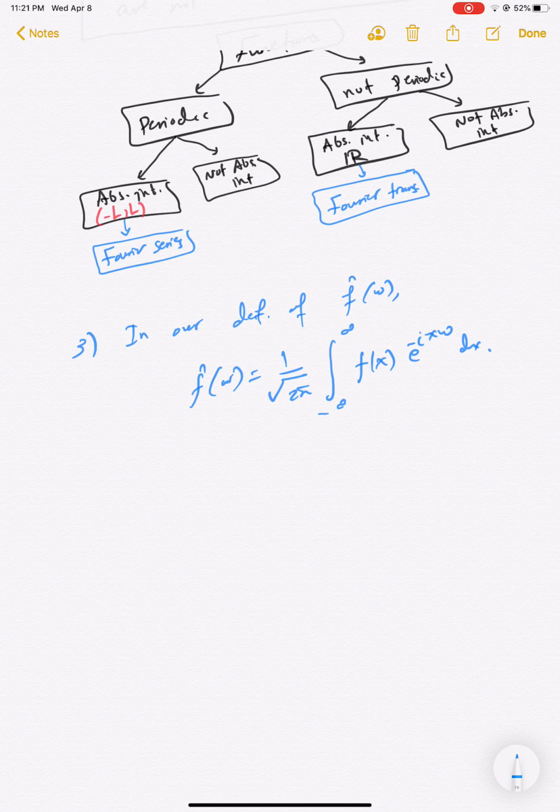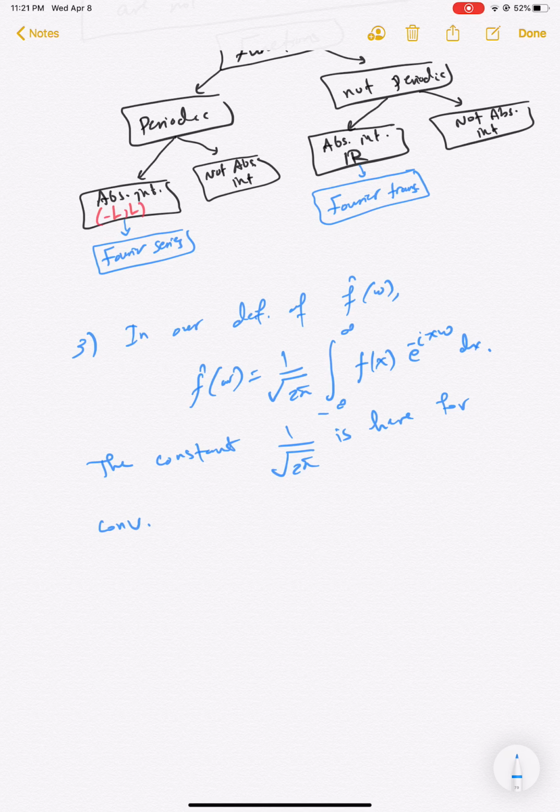Now, what I'd like to say is that the constant 1 over root 2 pi is here just for convenience. What do I mean by for convenience?